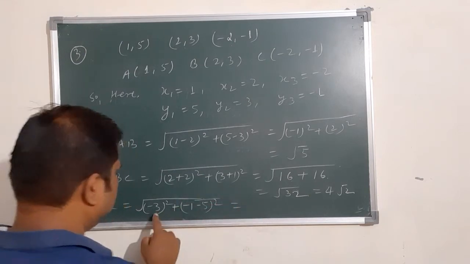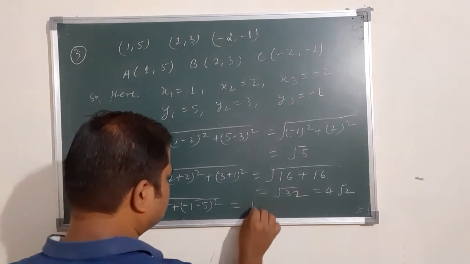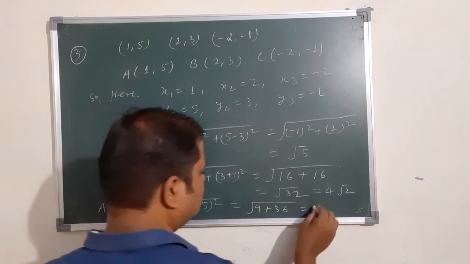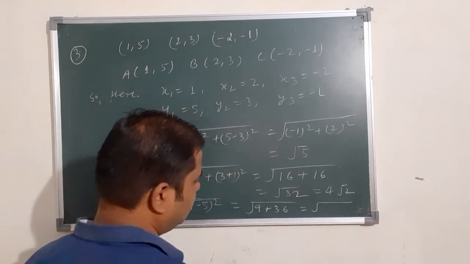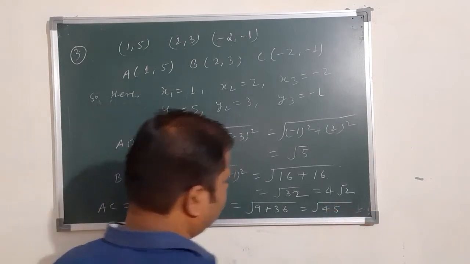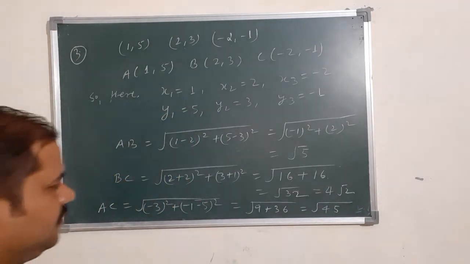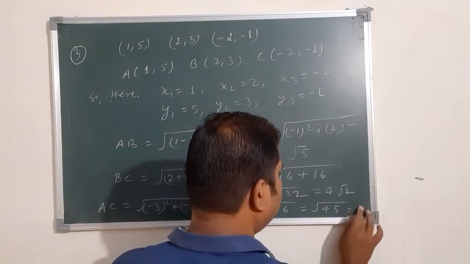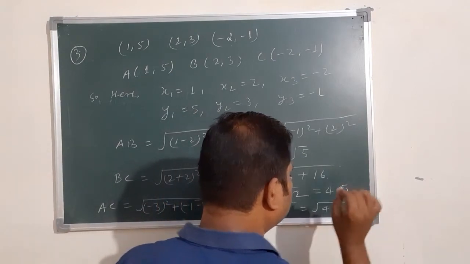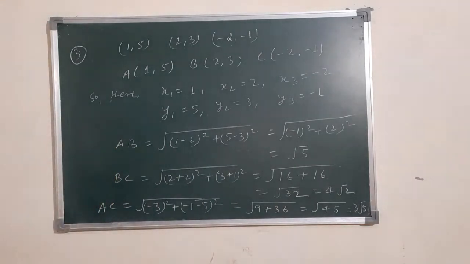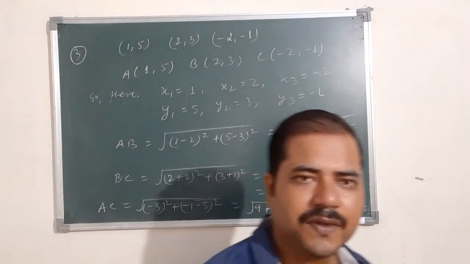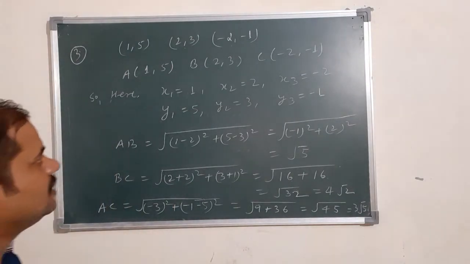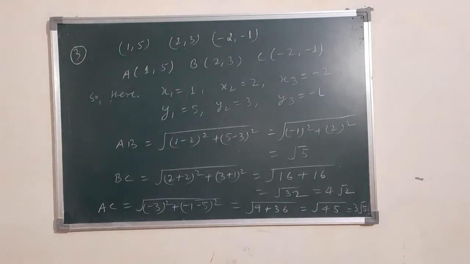This is 9 plus 36, so root of 45. 9 fives are 45, so this is 3 root 5. If AB plus BC is equal to AC, then only can we say these points are collinear.